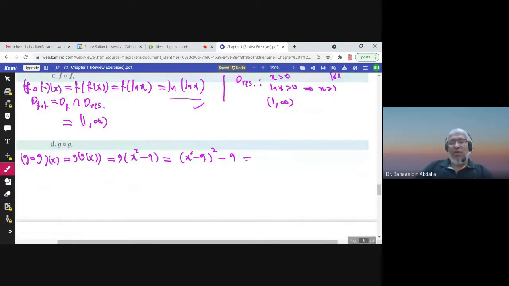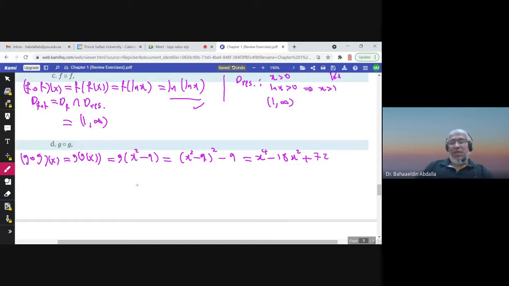You can expand this. It would be x to the power 4 minus 2 times 9, 18x squared, plus 81 minus 9. So 81 minus 9 will give you 72. So I can say plus 72.